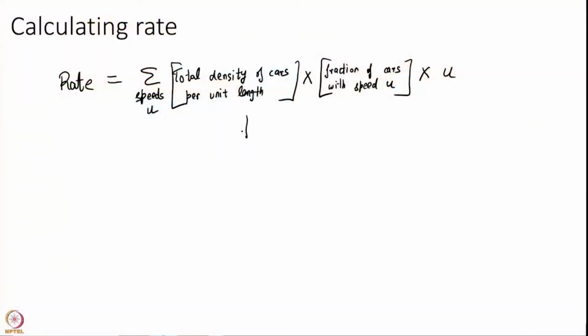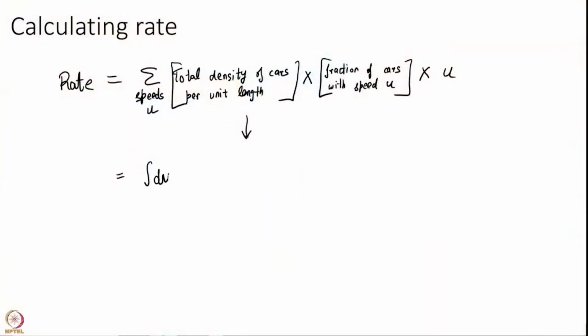I can generalize this a little bit. If I have a distribution of speeds, rather than a summation, this summation will become an integral. Imagine you have cars at all possible speeds, not only at 30, but also at 30.001, 30.002. At every speed there is a distribution. That is how molecules behave, right? So, I am trying to get to the molecules now from cars.